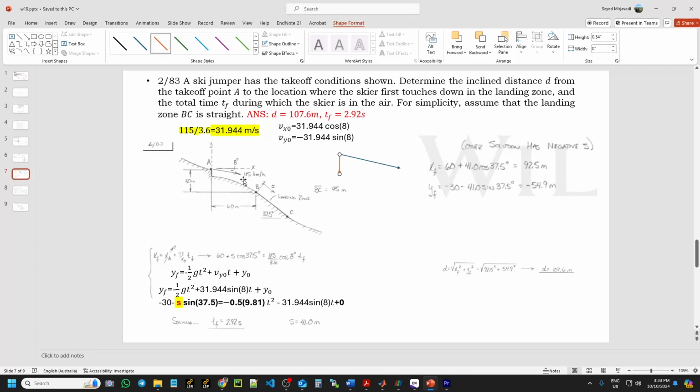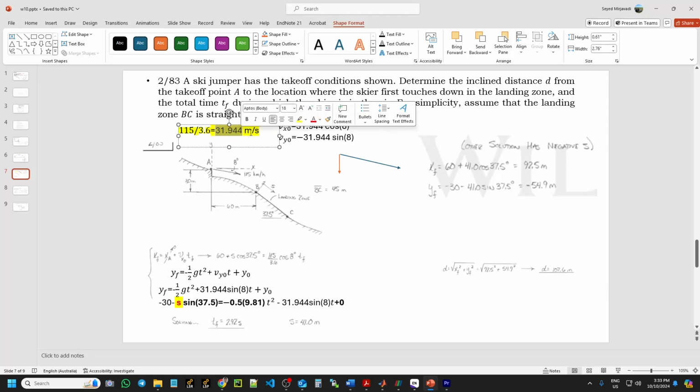But it is in 115 kilometer per hour. We need to divide it by 3.6 to convert it to meter per second. So therefore it will be 31.944 meter per second, and vy0 will be negative because it is pointing downwards.